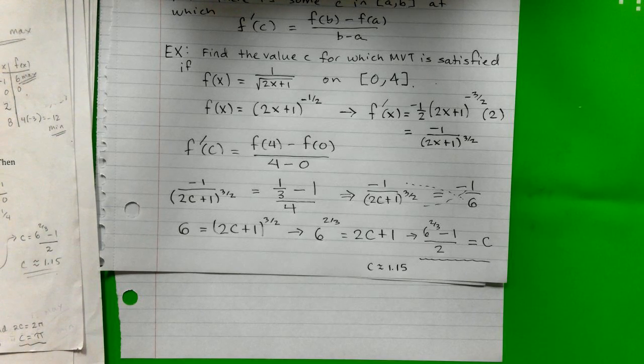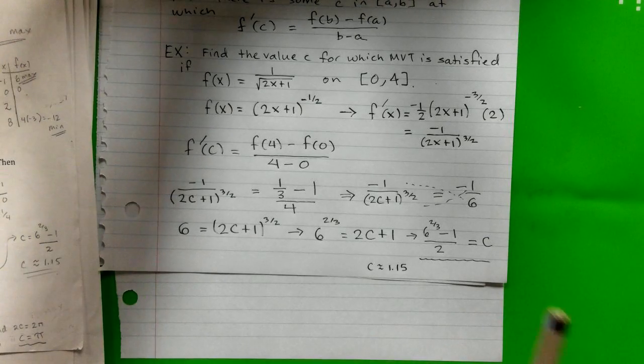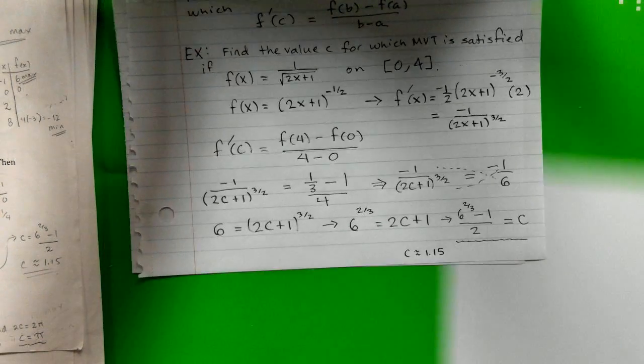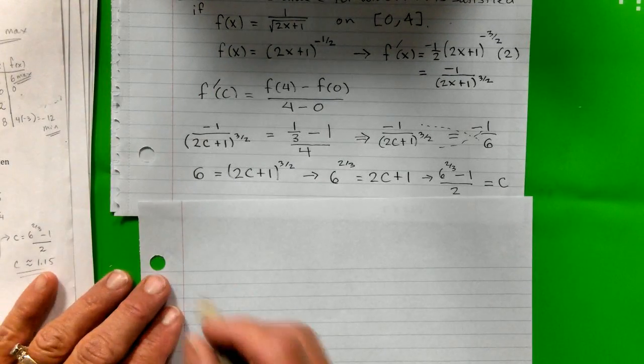And so let's try one with a trig function. The next one I'd like you to do is find the value of c for which the mean value theorem is satisfied.